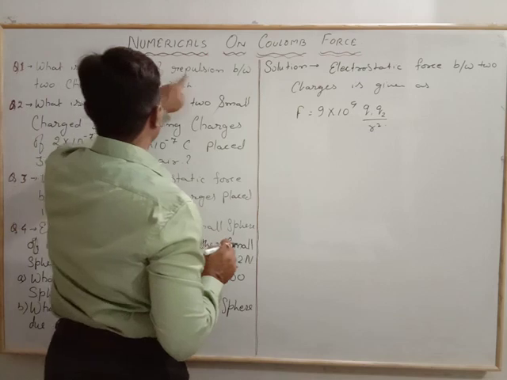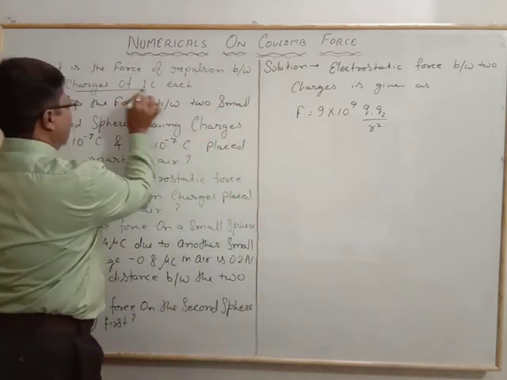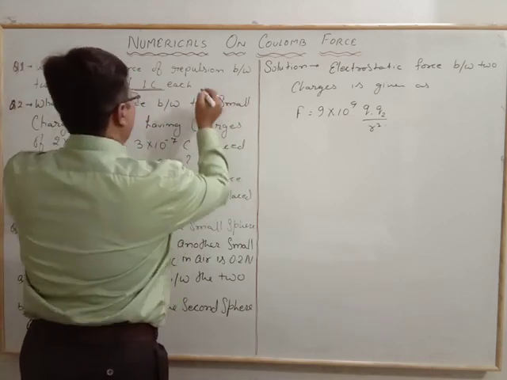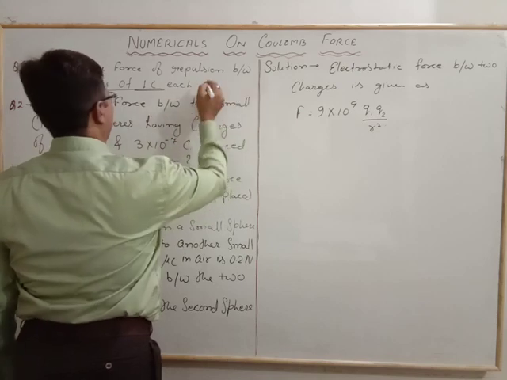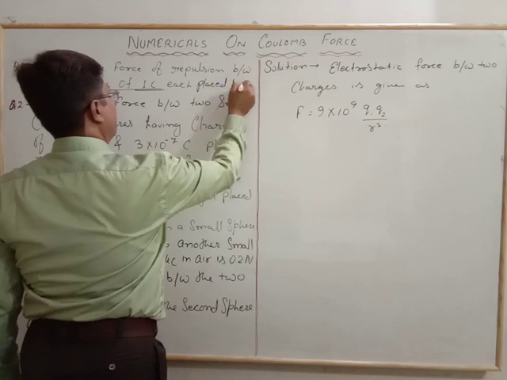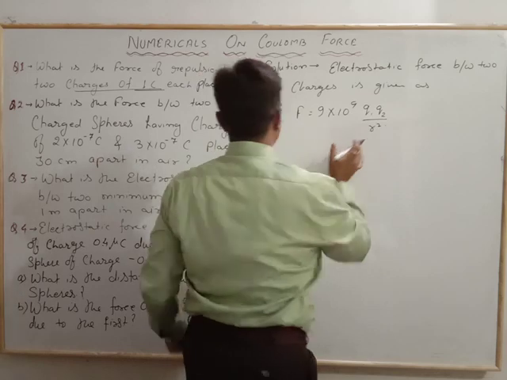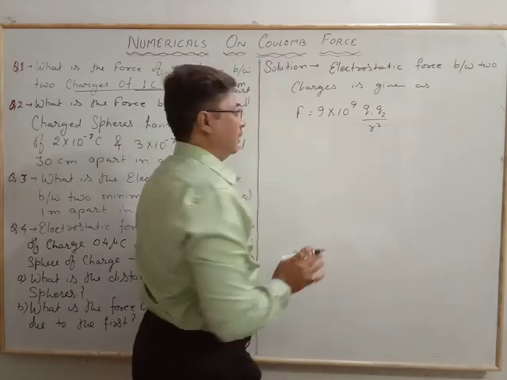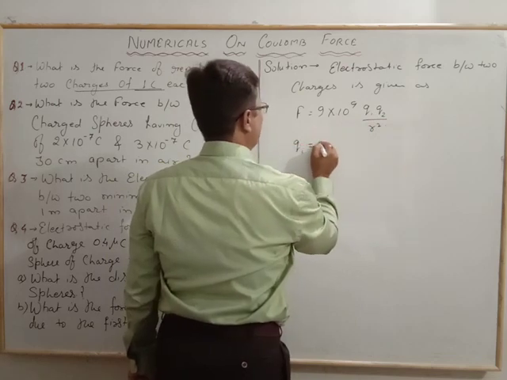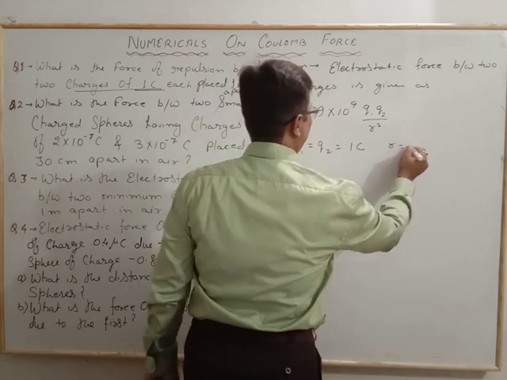Here, what is the force of repulsion between the 2 charges, value given 1 coulomb each, and placed 1 meter apart? It is the simplest numerical. In that case, Q1 is equal to Q2 is equal to 1 coulomb, and the distance apart R is given 1 meter.